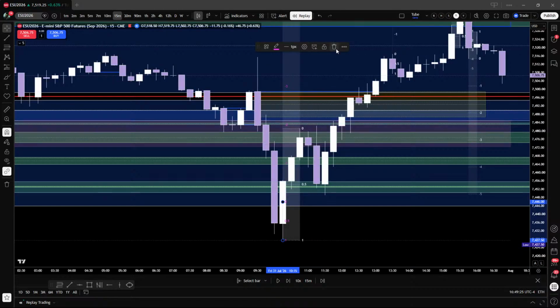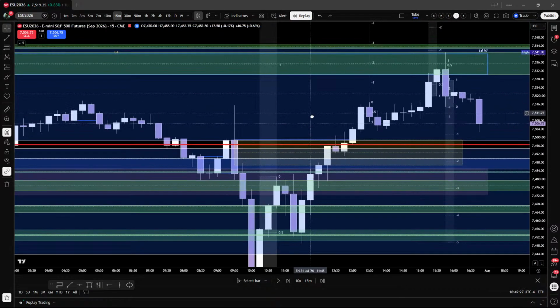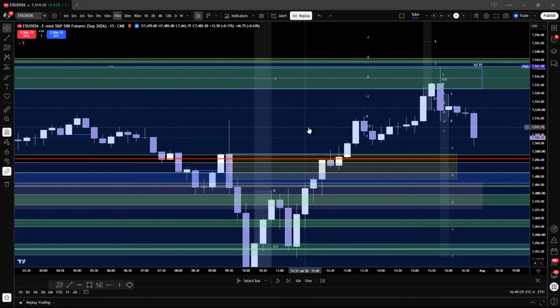I'm going to delete this one here. And that's what I said on the Discord. We had a lot of confluence on this level. That's why I said the potential high of the day for ES is right here.